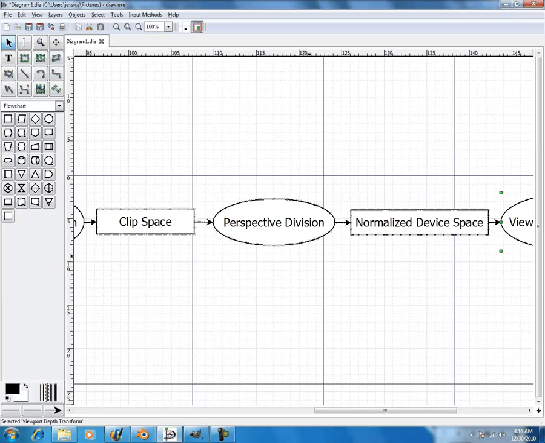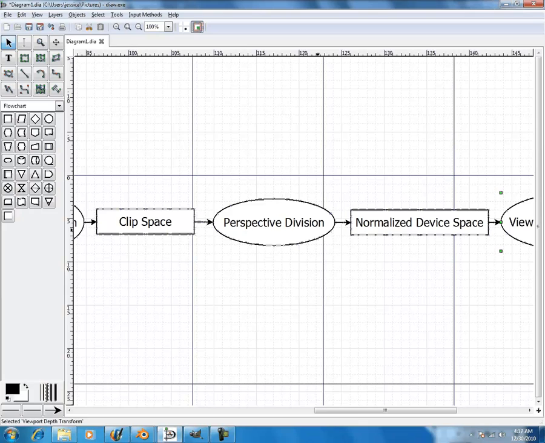Perspective division, as you can see here, gets into your normalized device coordinates, or basically dividing x, y, and z by w. That's why it's called perspective division, because you're dividing by those coordinates in order to get the perspective distortion.